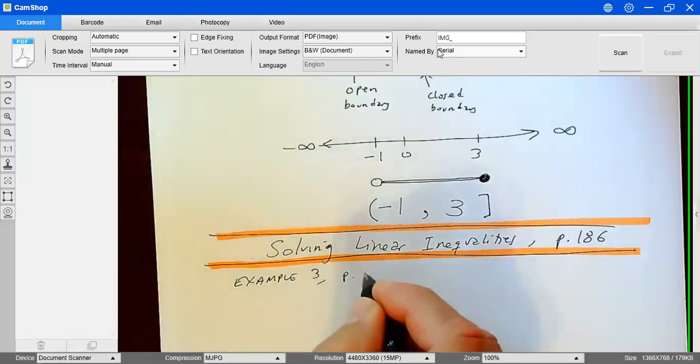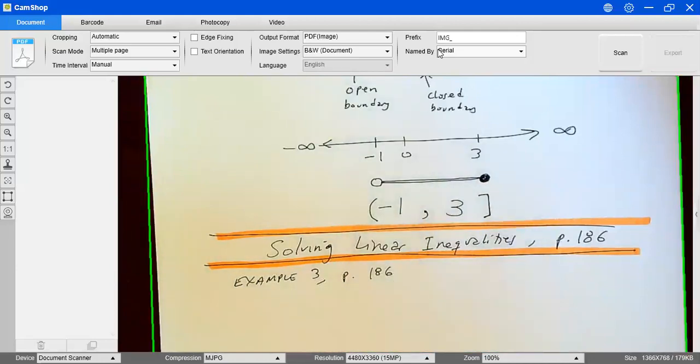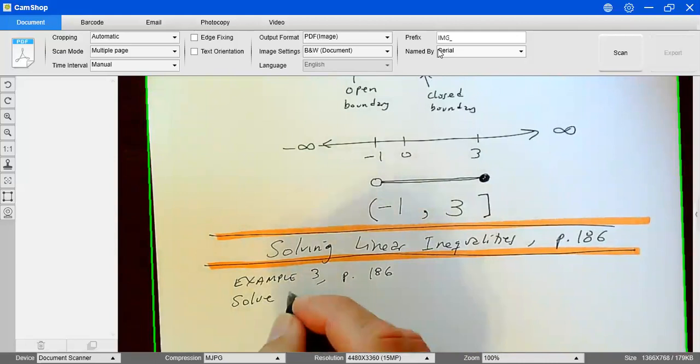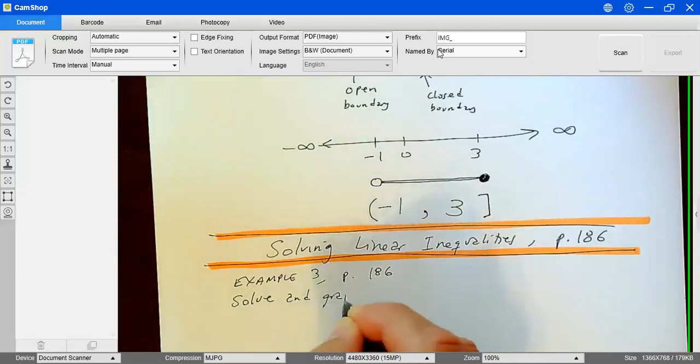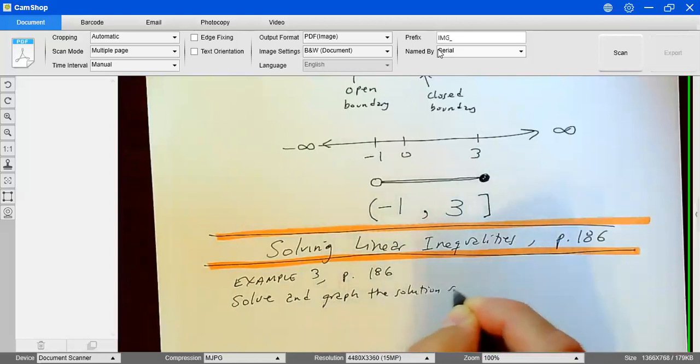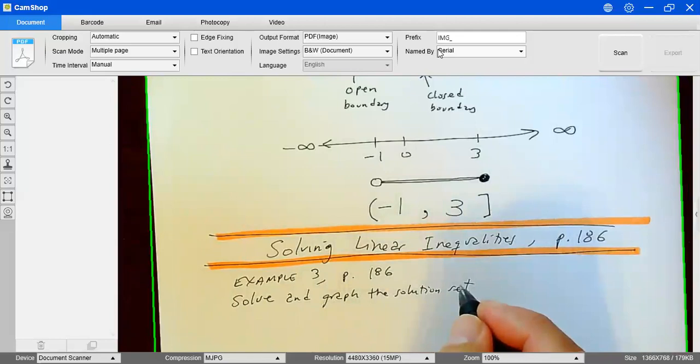Example 3 is on page 186. So let me see. So we're going to solve. The directions are: solve and graph the solution set on a number line.